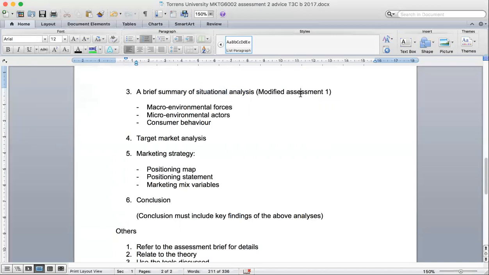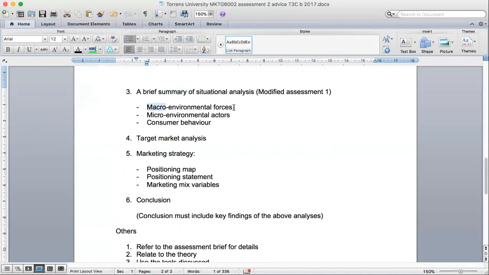Again, do not copy and paste because there are two reasons here. First, you'll have a problem in terms of word limits if you copy and paste. And second, you'll have a high similarity index, okay? And actually, there is a third one. If you copy and paste, you may not focus on the key points, okay? So if you summarize it, you are going to focus on the key points of these areas here, okay?